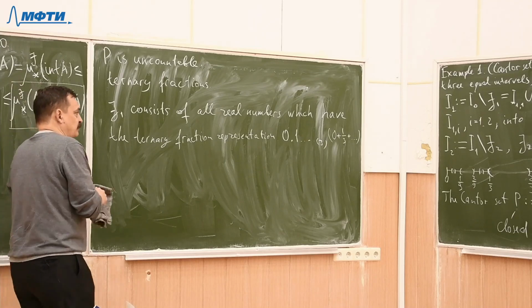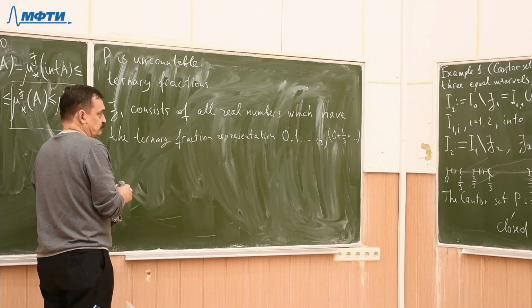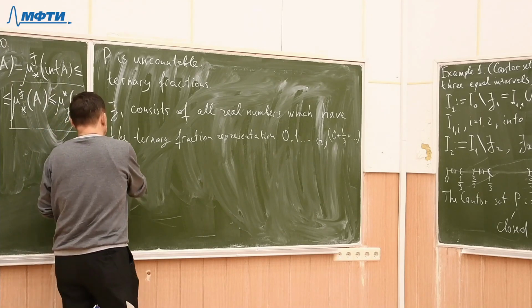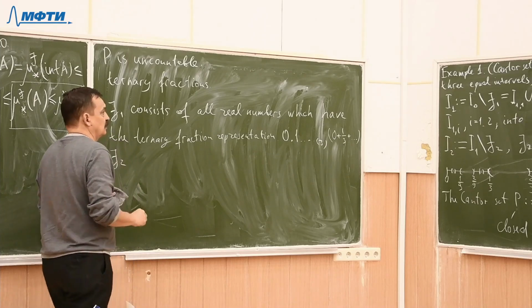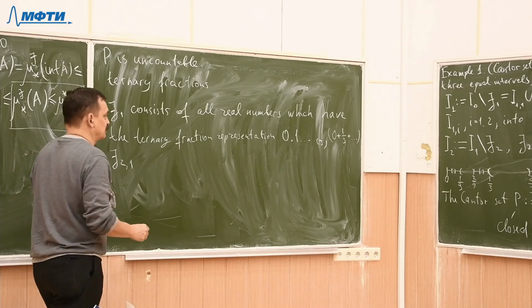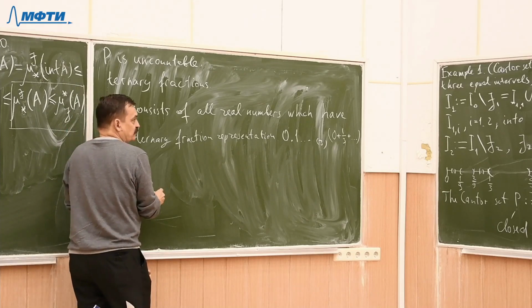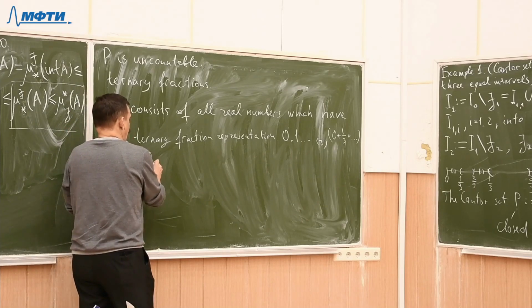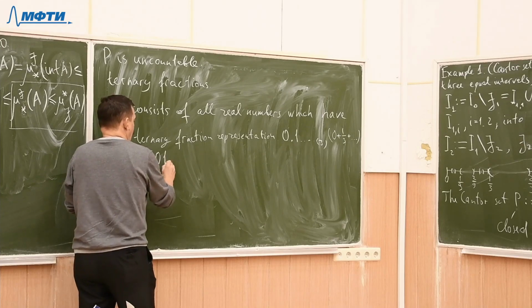Analogously, what about J2, or maybe J21, for example? J21, analogously, they have the representation 0.01 and then so on.